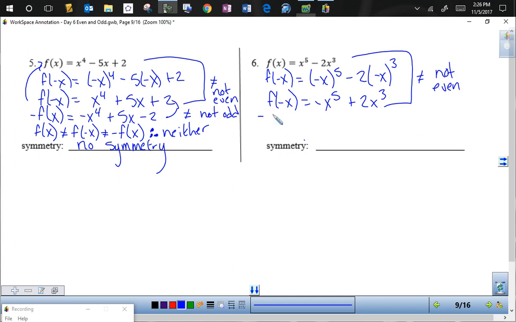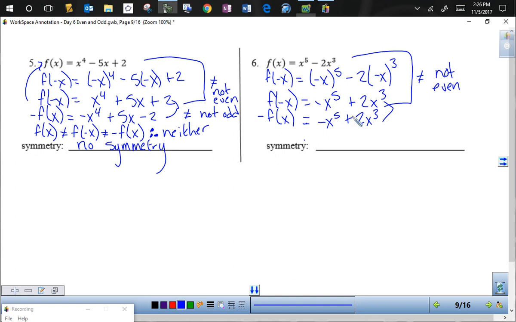So let's look at negative f of x. Okay, negative f of x is the opposite of what we have up here, so we'll take our positive and switch it. Take our negative and switch it. And compare these two right here.